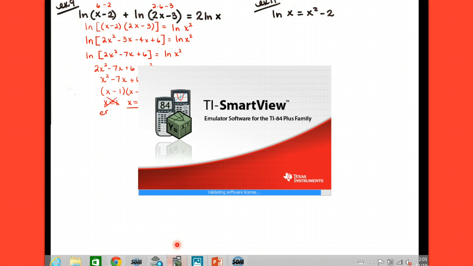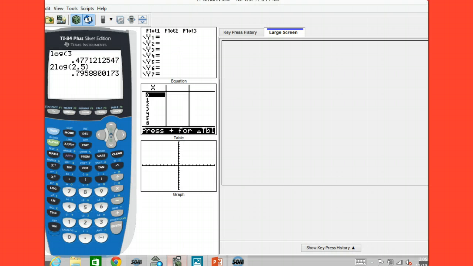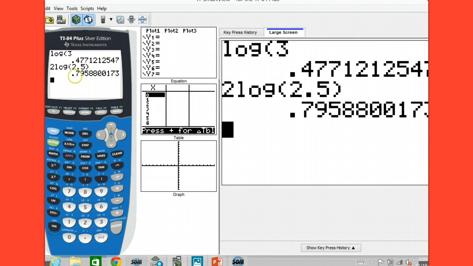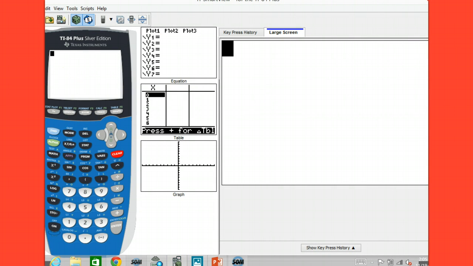So for example number 11, it says approximate the solution of ln x is equal to x squared minus 2. Now, we have solved equations on our calculator probably more times than we can count this year. There were two primary ways that we did that. I'll go back through both of them. It doesn't matter which of the two methods you use, whichever one you like better.